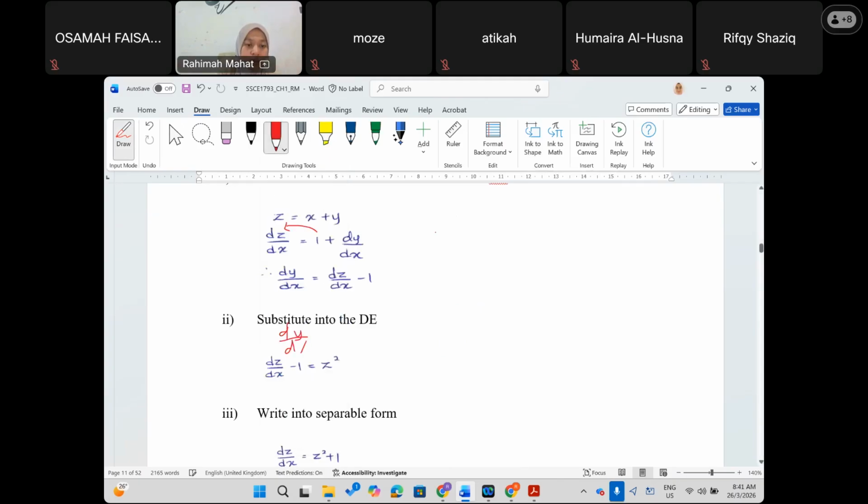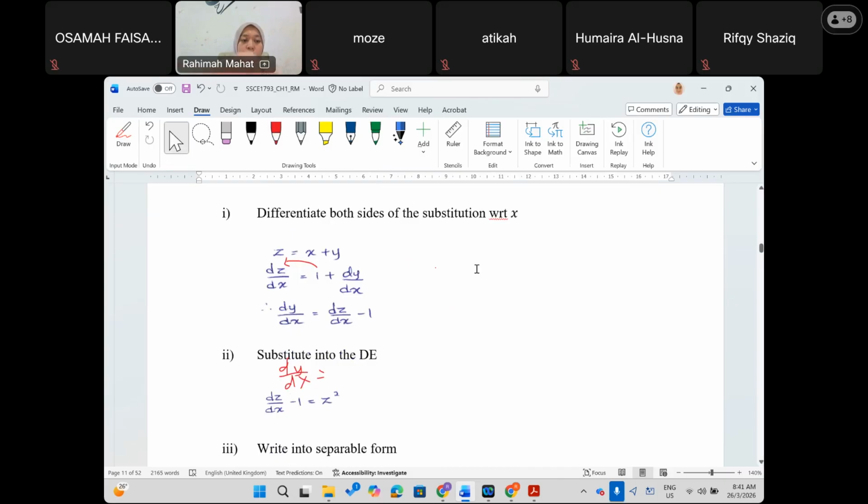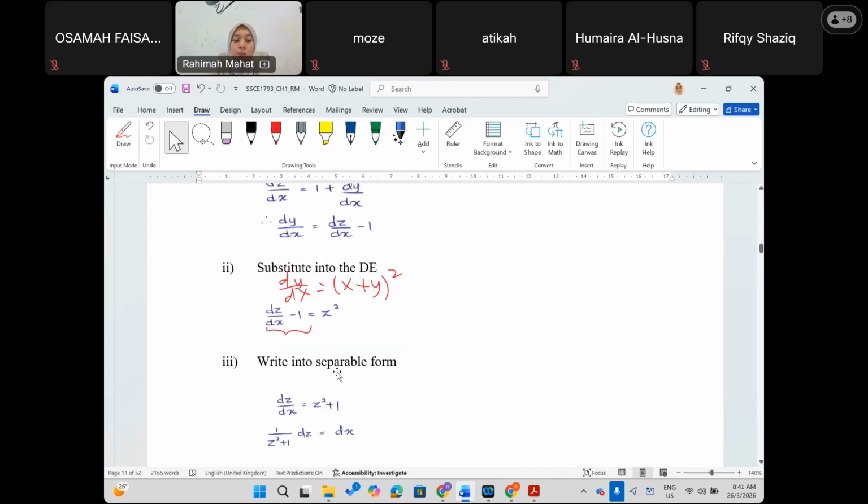The equation is dy/dx is equal to (x plus y) squared. So you substitute: dy/dx is dz/dx minus 1, and x plus y is equal to z, so that's why this one is z squared.